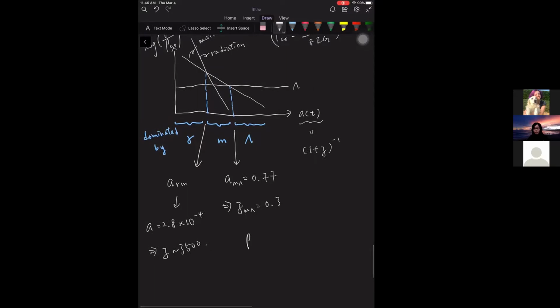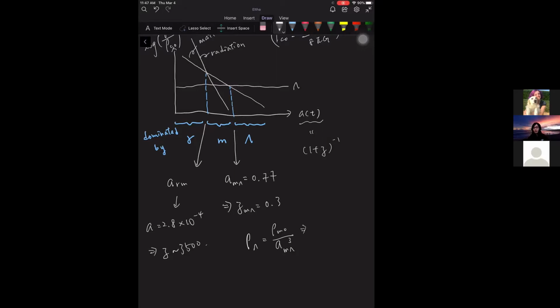For example, if you want to calculate a_mΛ, you simply set the density of dark energy equal to the density of matter, rho_m over a cubed, right?